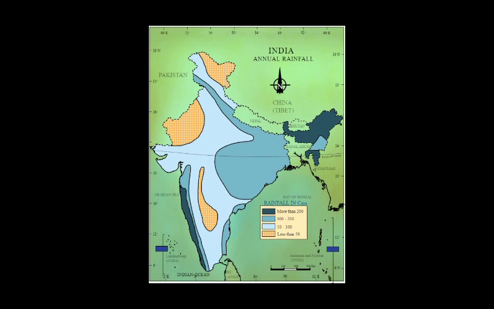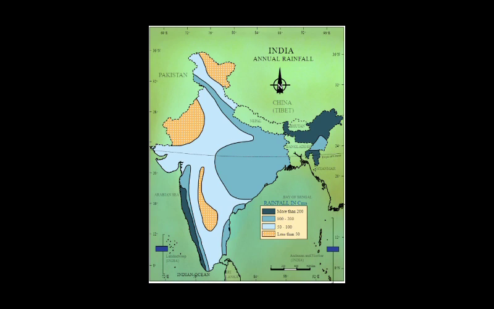If you see the map, most of the part of the country is coming under this region, that is 50 to 100 centimeter rainfall, that is the low rainfall region. And the last one, whichever area is marked in this orangish color, is the region of scanty rainfall. So you will not get this picture in your textbook. Better take a screenshot or draw it in a map.